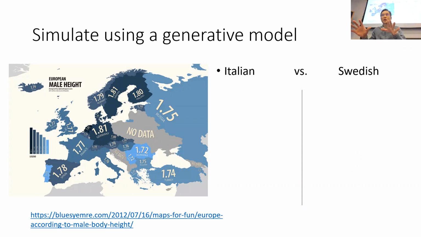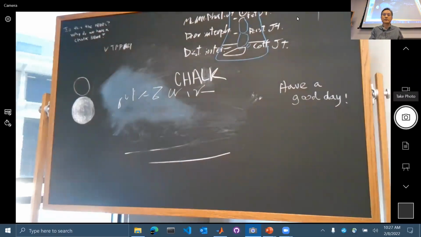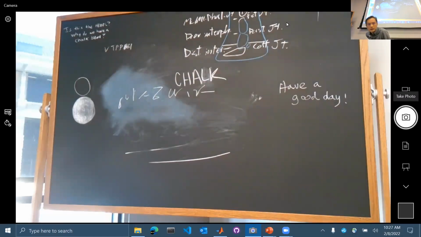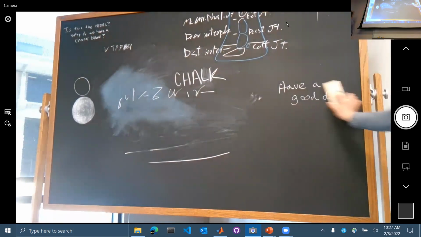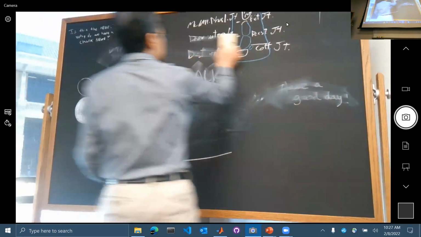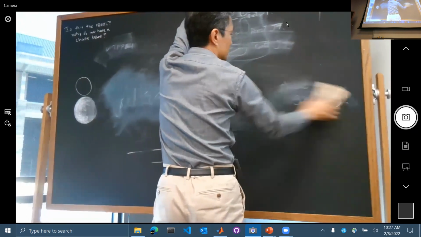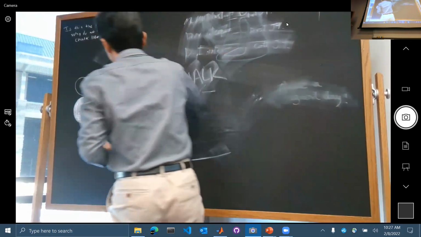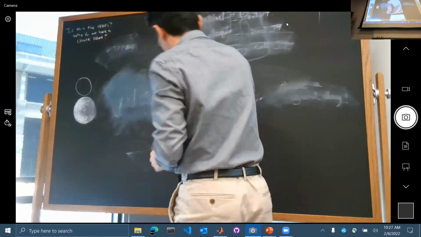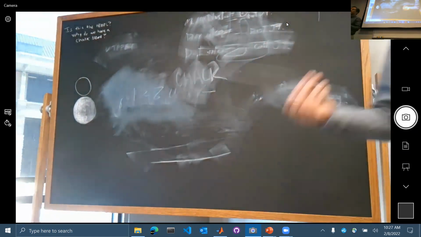The procedure you are doing is a generative model. Let me switch to here. So we have Italian and the Swedish.